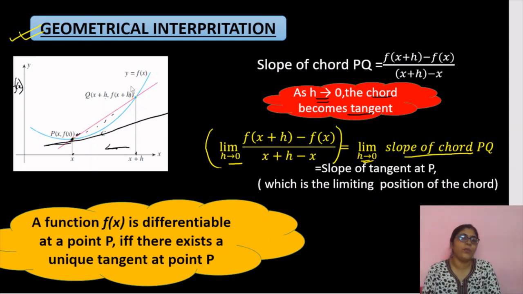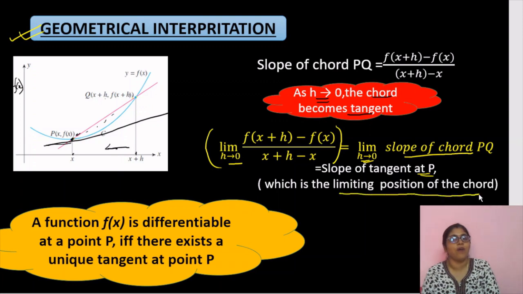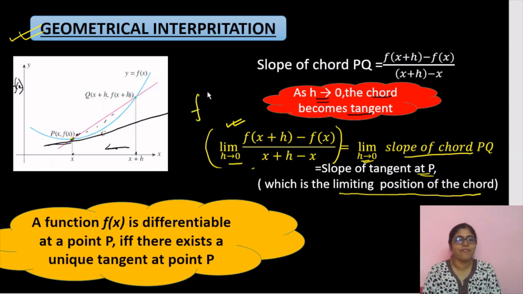So when h tends to 0, it will become the tangent. So this will become the slope of the tangent at P, which is the limiting position of the chord. That means when point Q comes closer, then we'll get a tangent. And this is equal to f dash x.